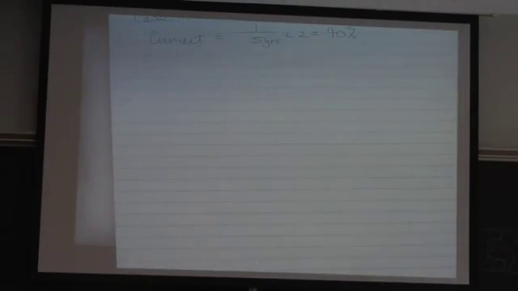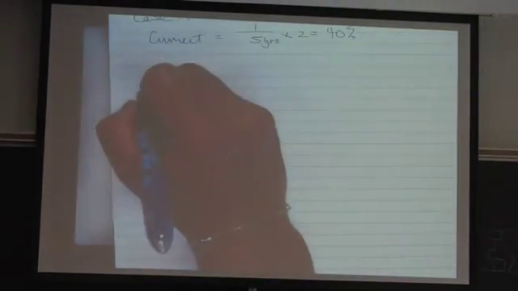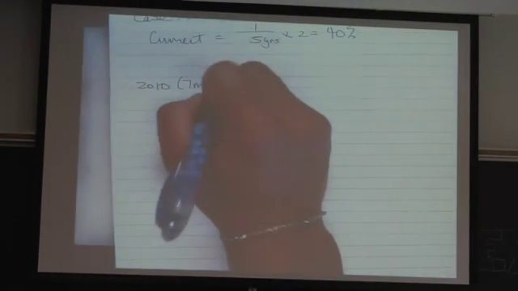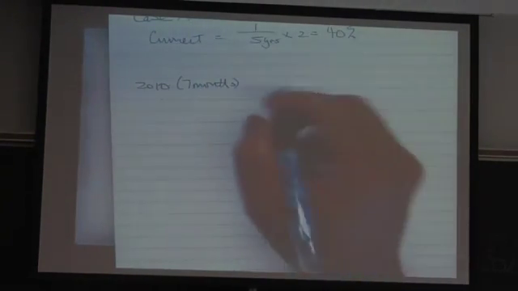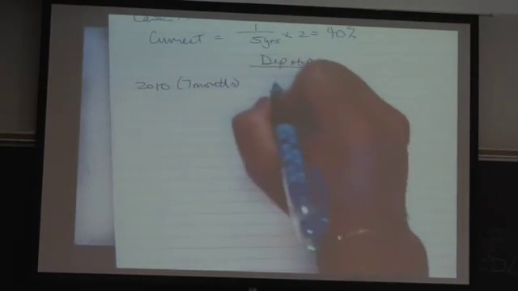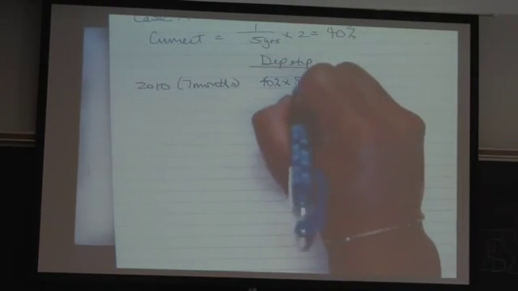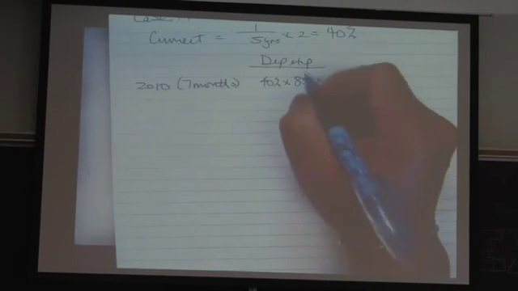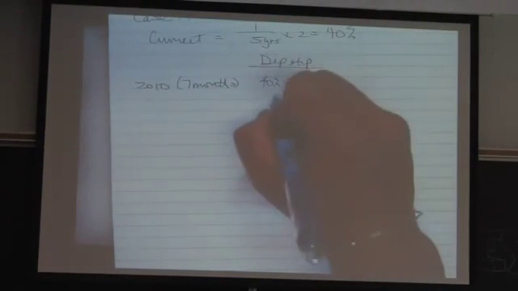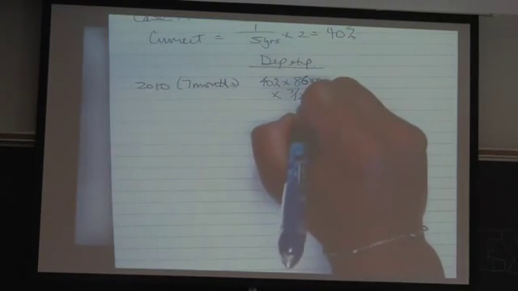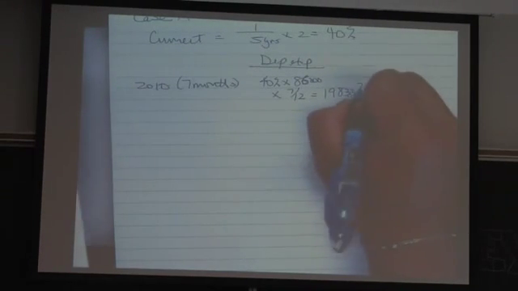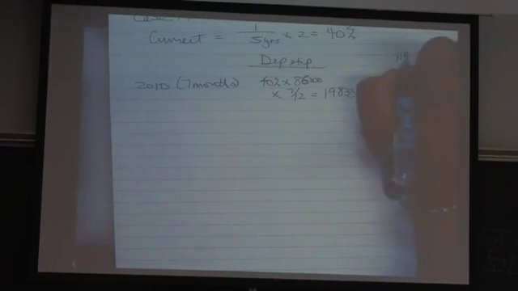In 2010, it's only 7 months because we bought it September 1st. So the depreciation expense is 40% times 85,000 times 7 over 12, which gives us 19,833.33.